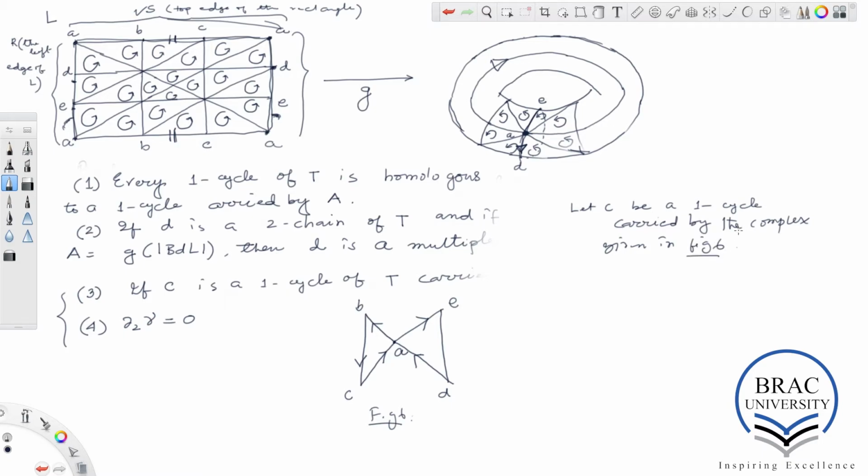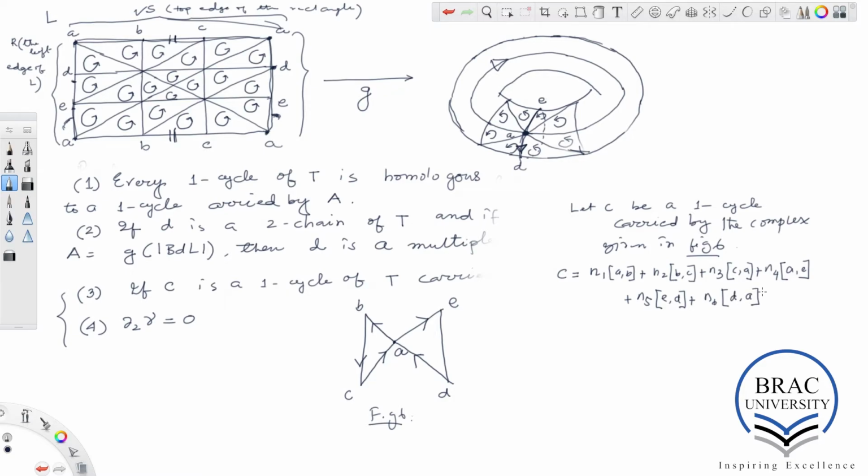Okay, so let us write it. C is equal to N1 AB plus N2 BC plus N3 CA plus N4 AE plus N5 ED plus N6 DA, right?